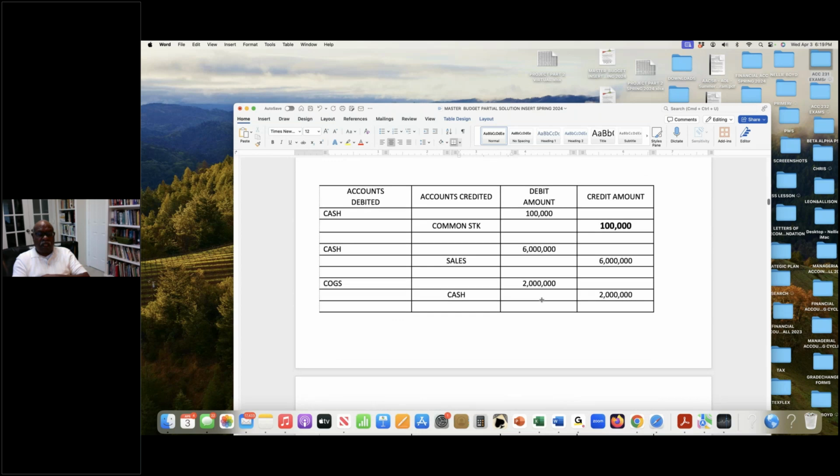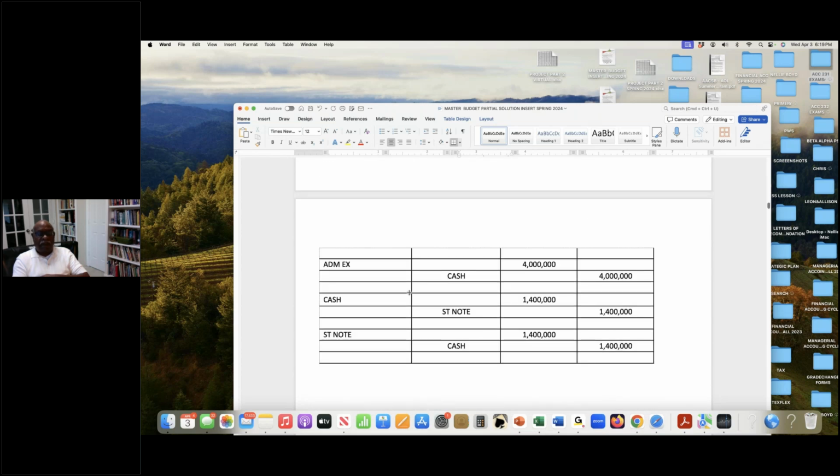So if we borrow 1,400,000, we have to make a journal entry, debiting cash and crediting short-term note. Then we paid it back because we had sufficient cash, and so we would debit short-term note and credit cash.